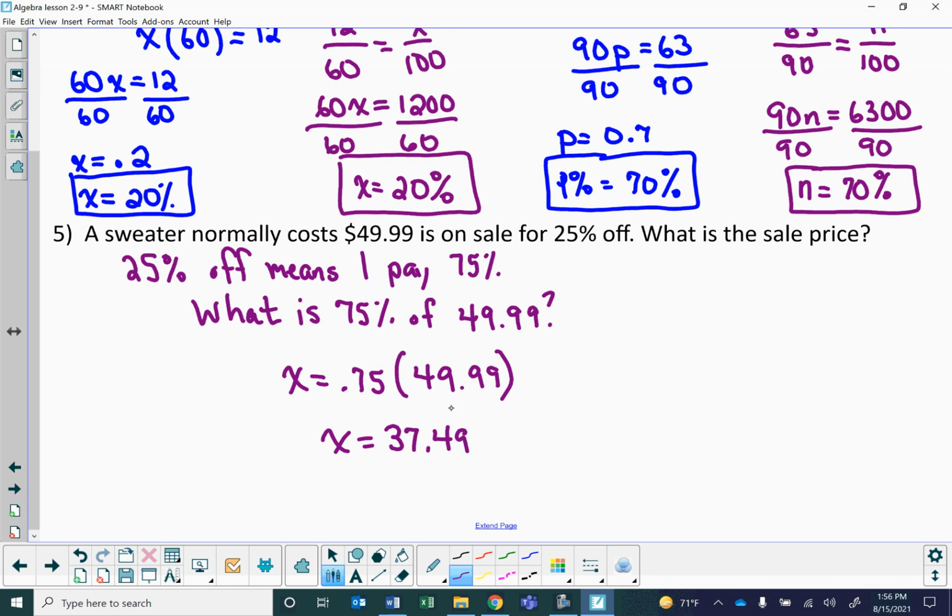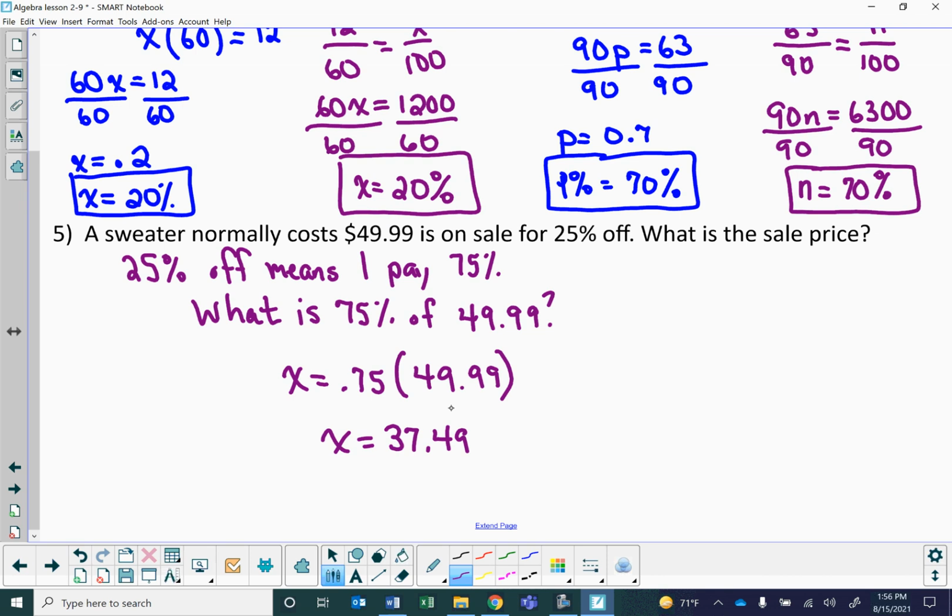And that seems logical. Because think of $49.99 as $50. 25% off would mean I'm going to get 1/4 off, so I'm going to pay 3/4 of $50. Half of $50 would be 25. Half of 25 is 12.5.